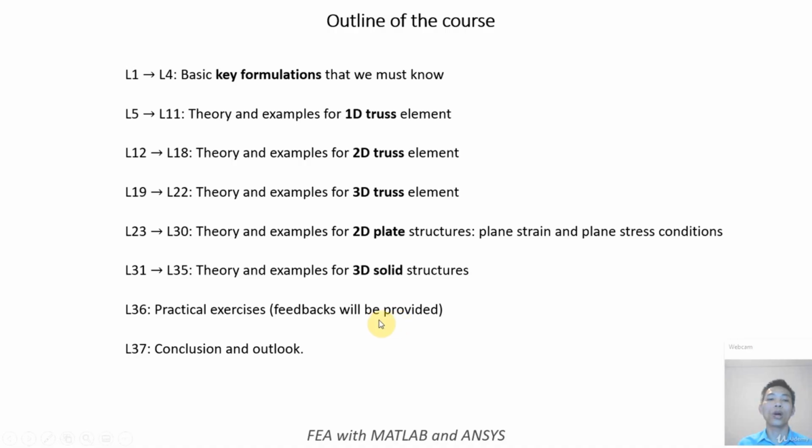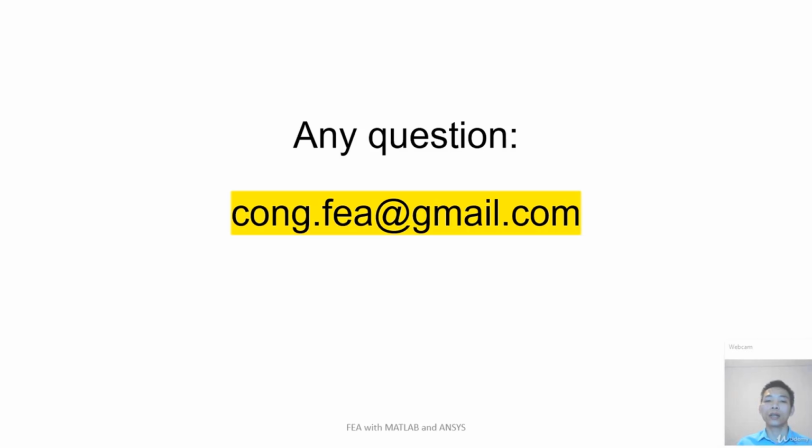For example, when you finish the exercise, you can send it to me and I will review it and send back my ideas, my comments. And finally, the conclusion about the course and the outlook for near future study will be given. And finally, my contact information.